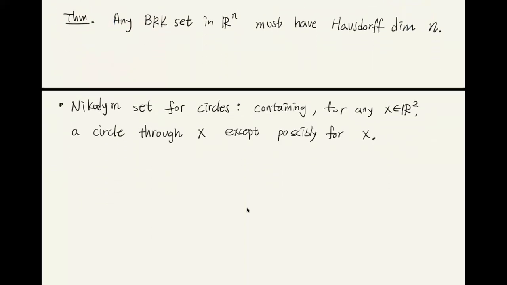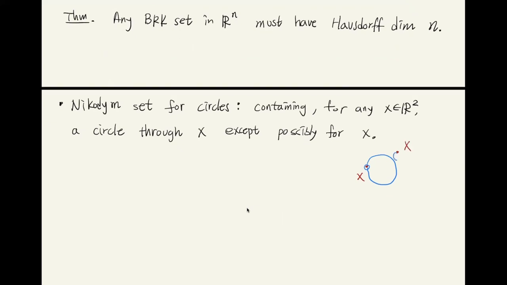Okay, so here, if we are given a point X, there is some circle. So the set contains a circle passing through the point X, except possibly at the point X itself. So X can be here. Can I find another circle like this?